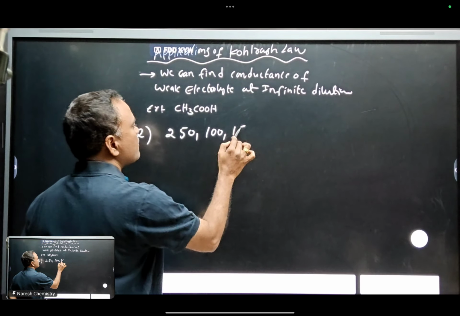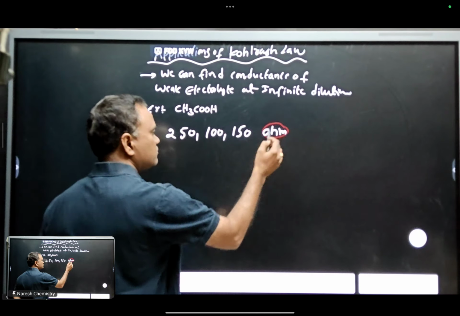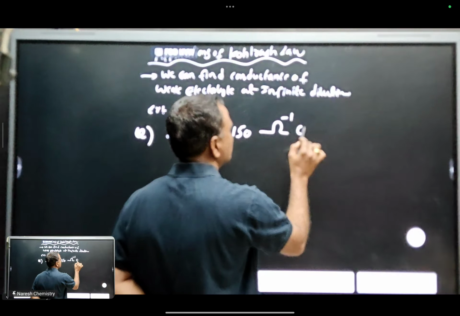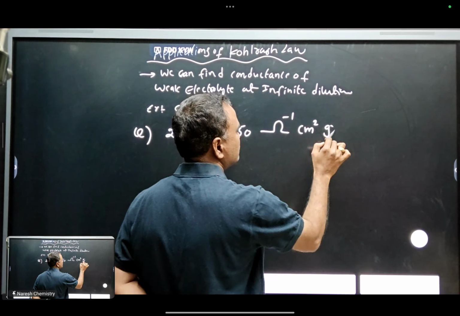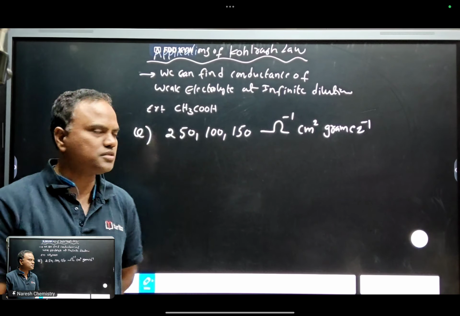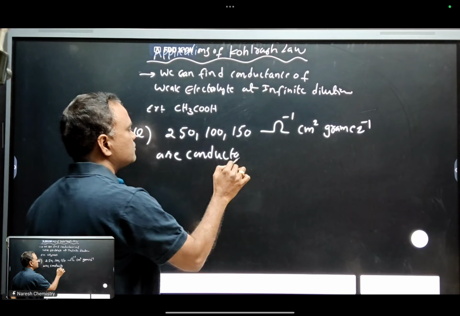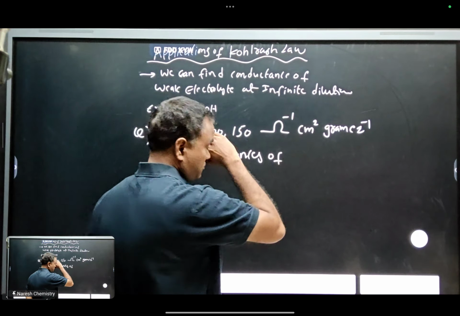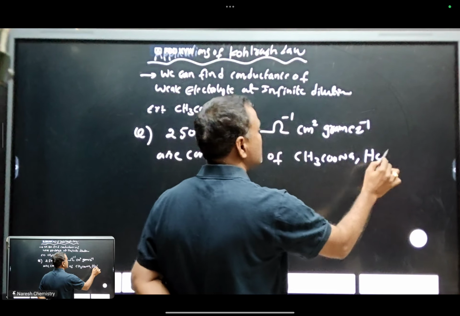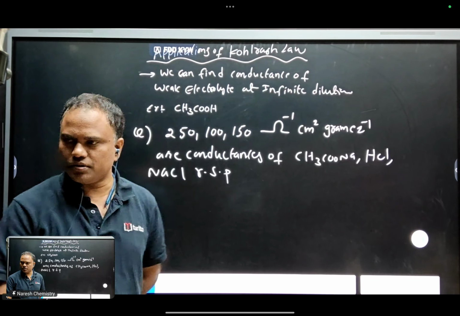250, 100, 150 ohm inverse centimeter square gram equivalent inverse are the conductances of CH3COONa, HCl and NaCl respectively.